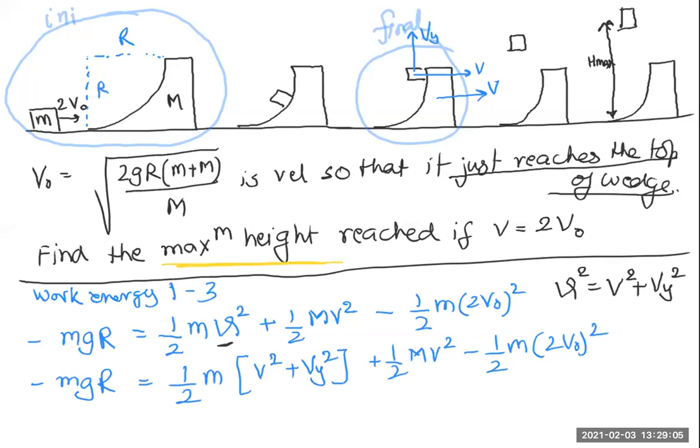No, you can't do that. So you simply apply the work energy theorem. How to apply the work energy theorem? You have to choose an initial configuration and a final configuration.